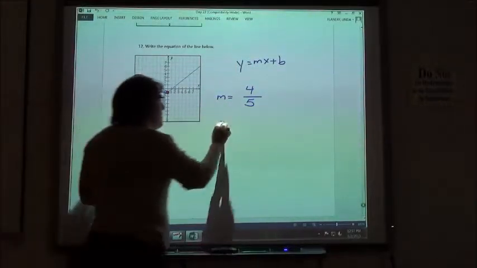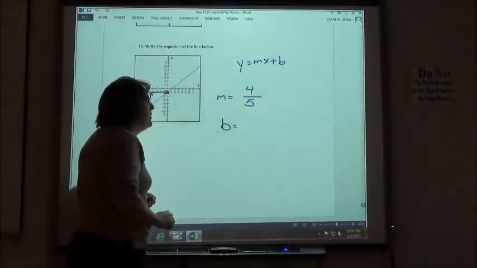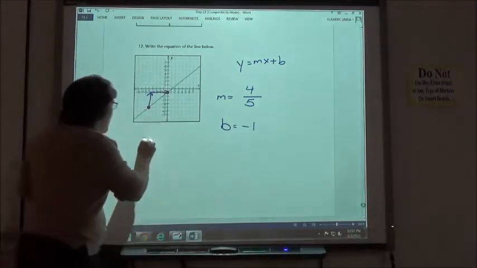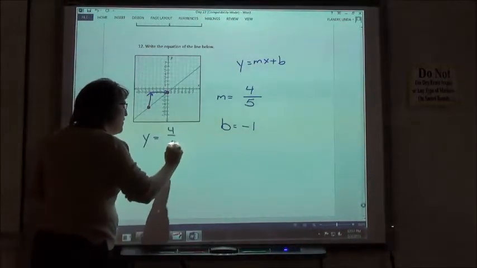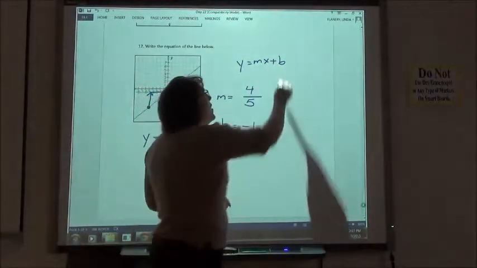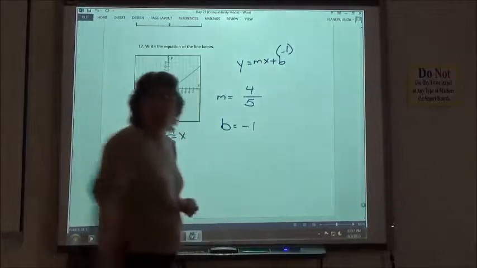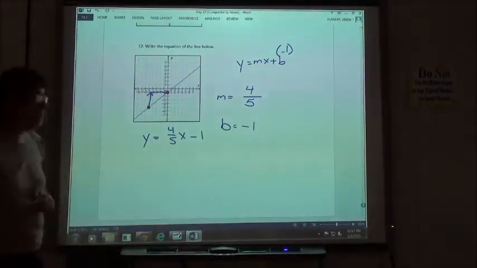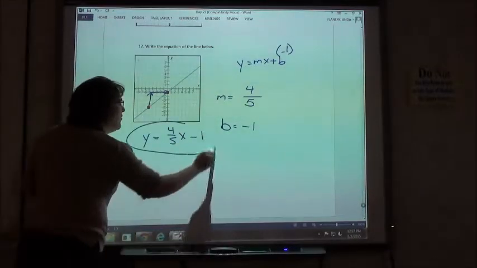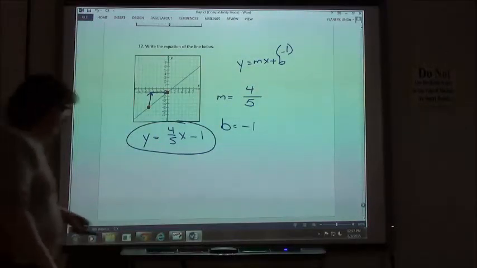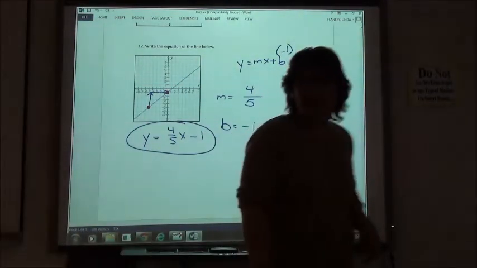My y-intercept, my b value is negative 1. So I would have y equals 4/5 x. And instead of putting plus a negative 1, I can just write it as minus 1. So y equals 4/5 x minus 1. There it is. The end of that homework page.